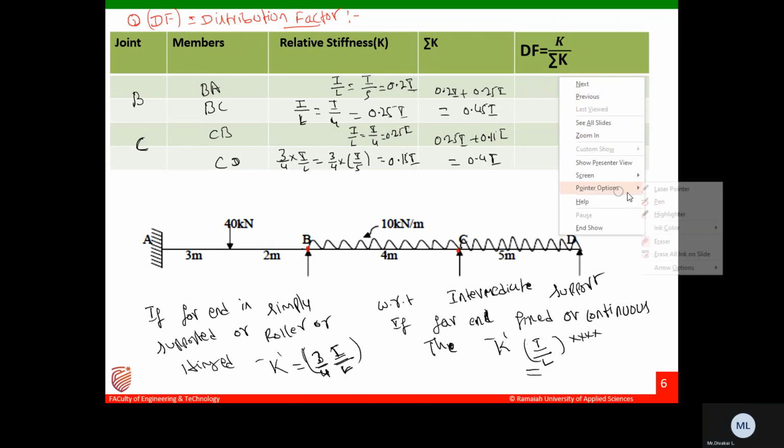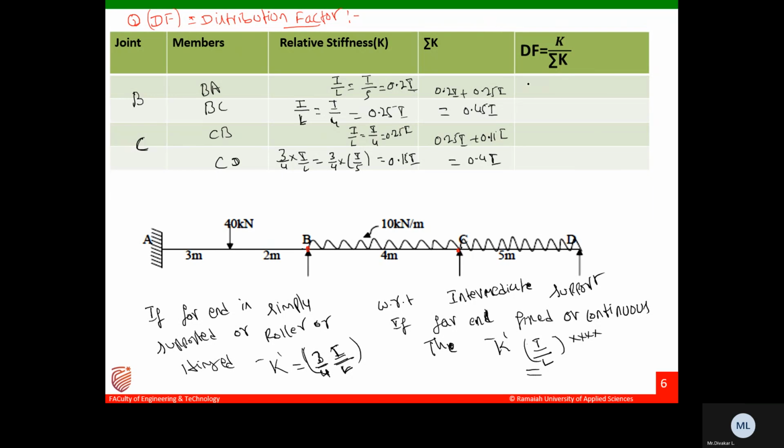This will be 0.2 I divided by 0.45 I. Then you will get 0.44. Okay, 0.44. Then next will be 0.25 I divided by 0.45 I. This will be 0.56.